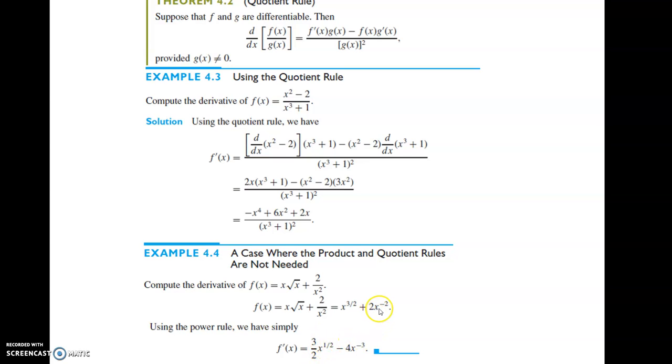So, the derivative of x to the power minus 2 is minus 2x to the minus 2 minus 1. So, 2 into 2, 4, and then this is minus because there is a minus 2. And then minus 2 minus 1 is minus 3. Sometimes we use the quotient rule, sometimes we use the power rule, sometimes it is not necessary.